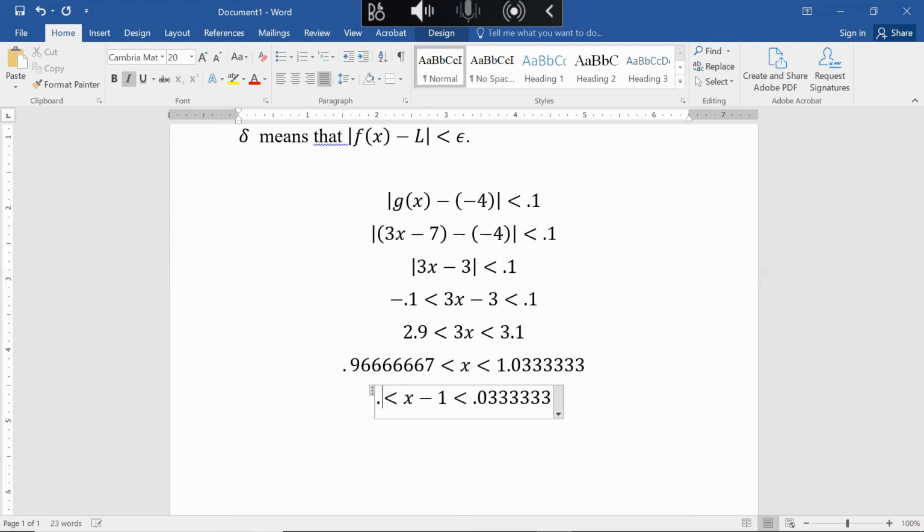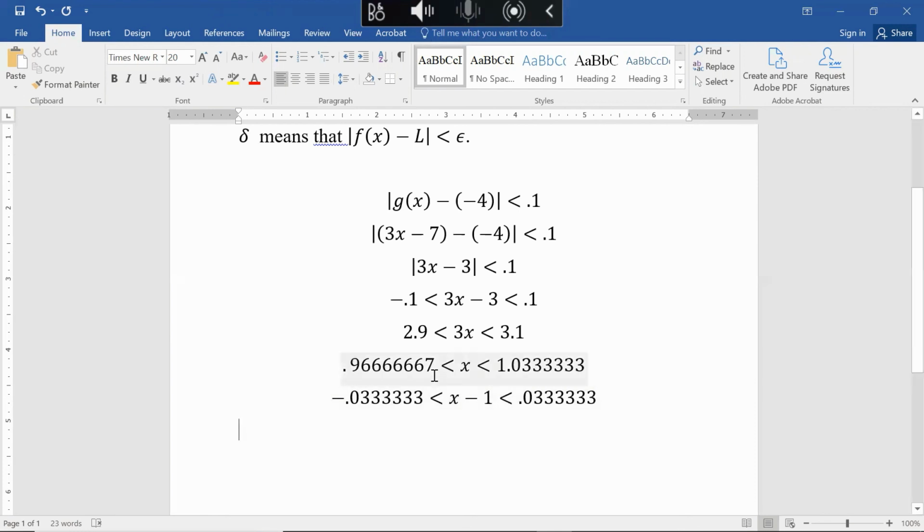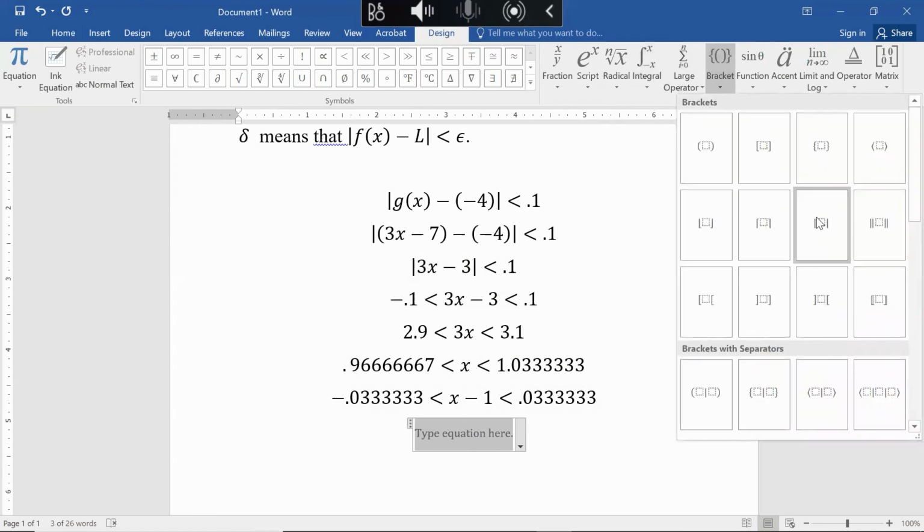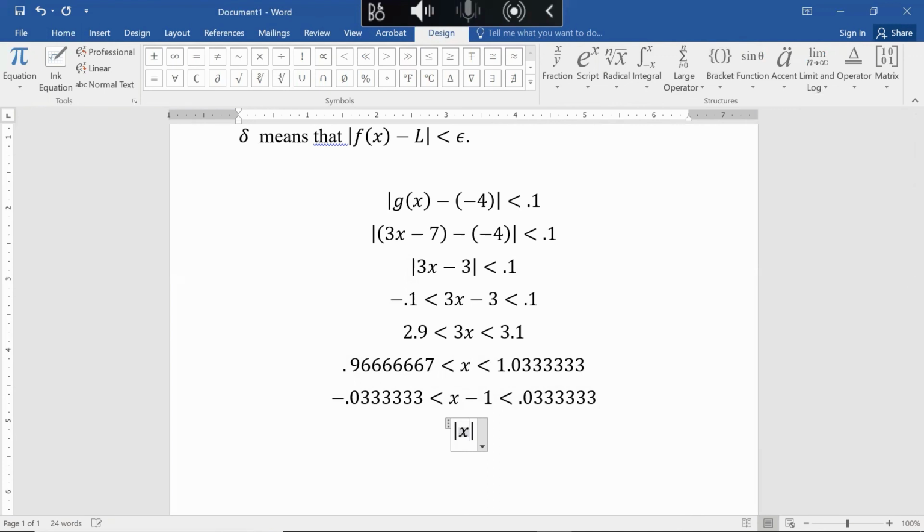Subtract 1 from the left-hand side, you get negative 0.0 and then lots of 3s. If you subtract 1 from the right-hand side, you get 0.0 and lots of 3s. So what does this force x to be in terms of absolute value? It forces the absolute value of x minus 1 to be within 0.0 and then lots of 3s.